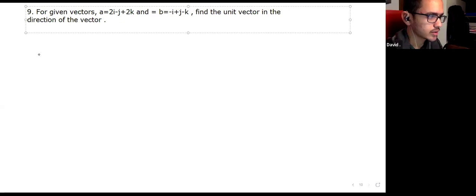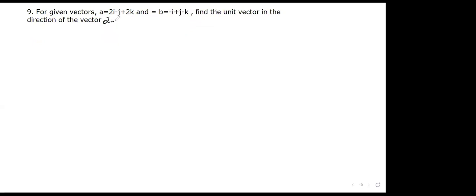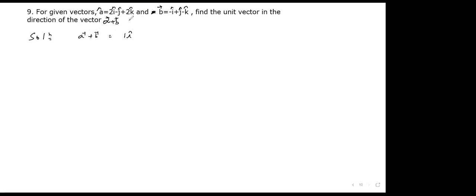Find the unit vector in the direction of the vector A plus B. For given vectors A and B, find the unit vector in the direction of A plus B. First you will find A plus B: 2 minus 1 is 1 I cap, and J minus J is 0 J, and 2K minus 1K is 1K.